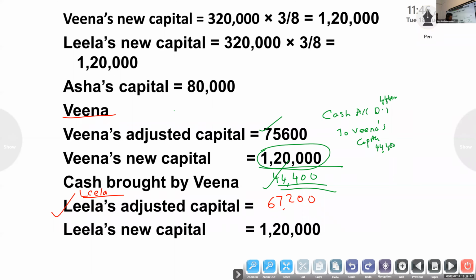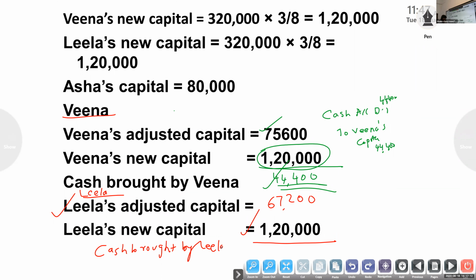So here you look at the new capital, 1,20,000. Her capital should be 1,20,000. So tell me, Asha, whether she has to bring or can withdraw. Bring. Very good.